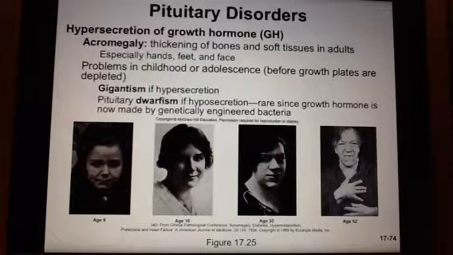That's pretty rare since growth hormone is now made, and we can get our hands on that relatively easily. And then the picture here is pictures of each of those, some examples of photos of people with pituitary disorders.